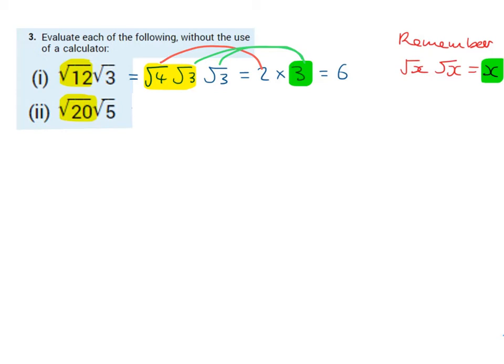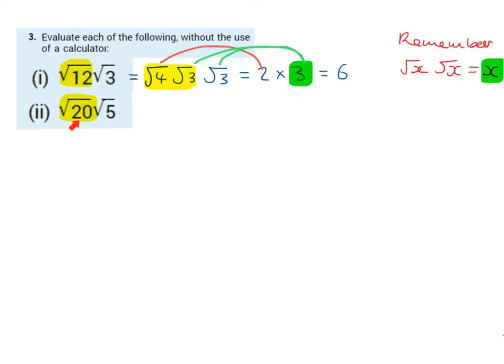Next, we want to simplify root 20 root 5. So root 5, well, 5 is a prime number, so that can't be factorized. But 20 has quite a few factor pairs. So 20 times 1 gives us 20, 10 times 2 gives us 20, 4 times 5 gives us 20.